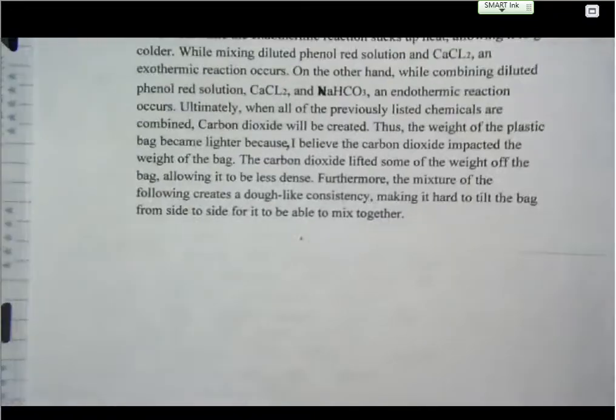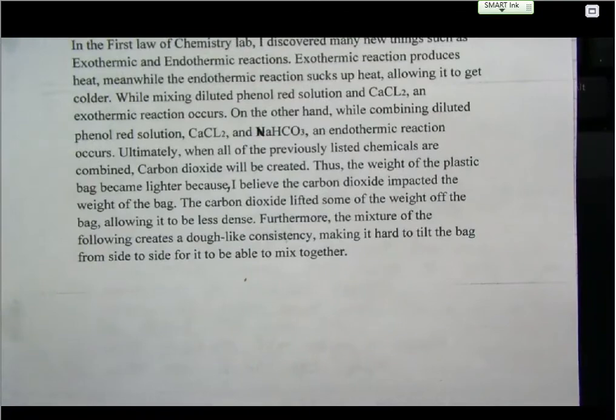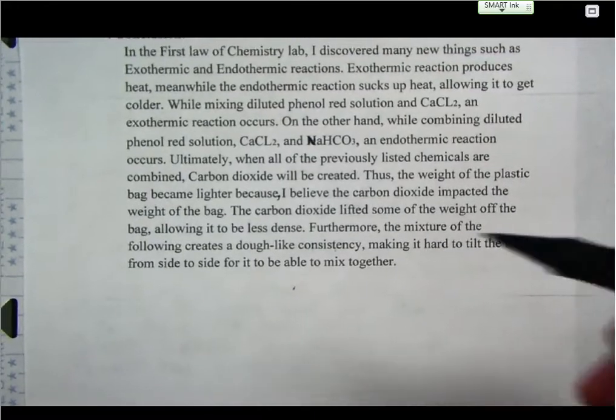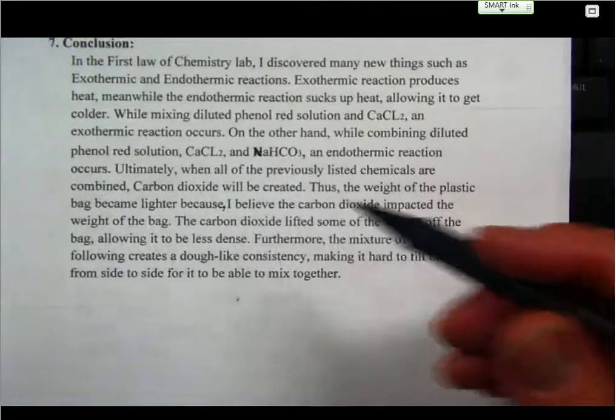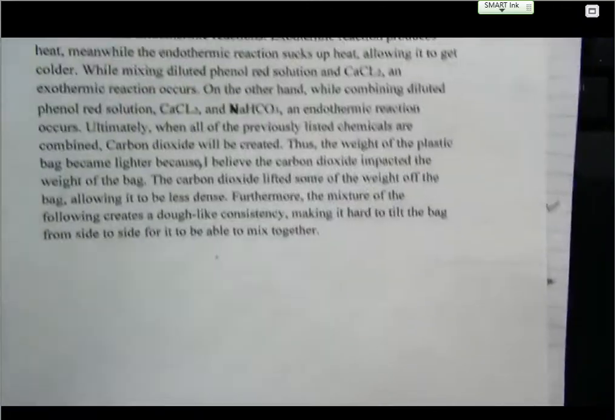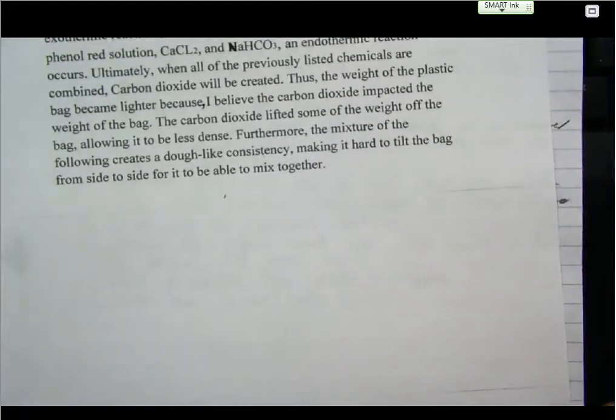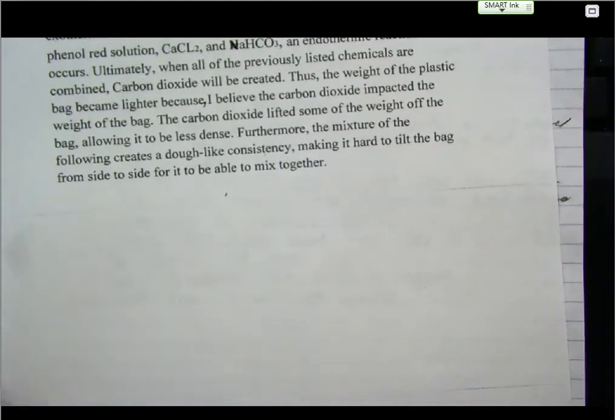Oh, did you? Okay, great. Then you're fine there. Make it hard to tilt back. But I'm not convinced on something that you observe being a cause of something that made the bag get lighter.